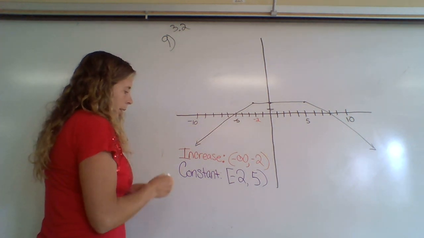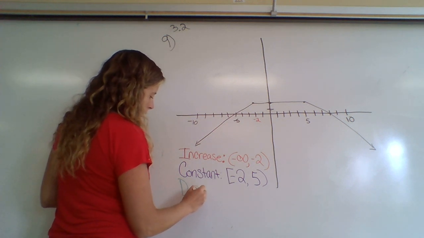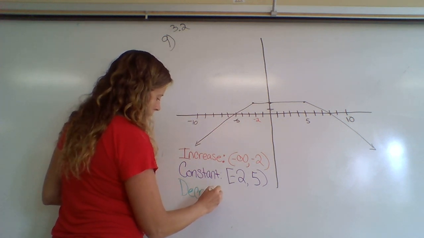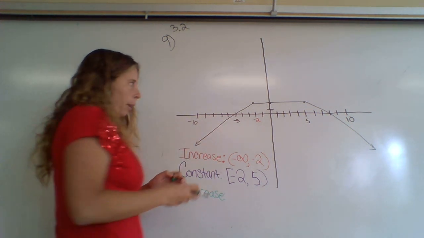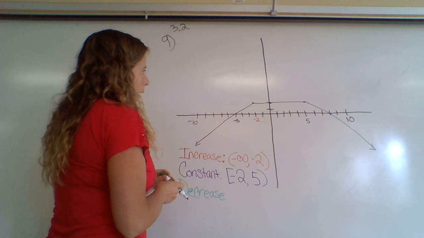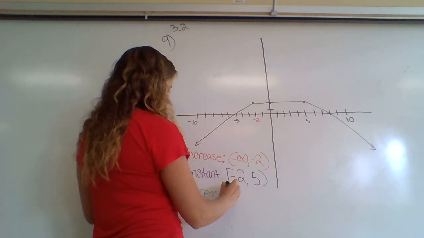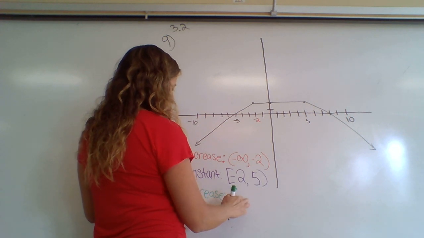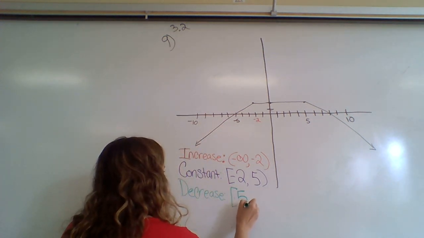And then the last one is decreasing. You still see this? Oh, yeah. Oh, man, that was terrible handwriting. Okay, decreasing. So we're decreasing from, oh, not -5. We're decreasing from 5.